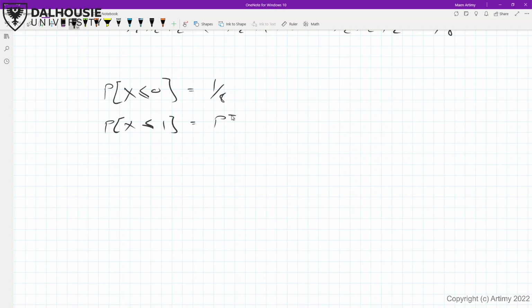So that's the probability of x equals 0 plus the probability of x equals 1. Since these are mutually exclusive events, I can add them up without subtracting the intersection. It can be either 1 or 0; it cannot be 2 at the same time, right? So this is 1 over 8 plus 3 over 8, which gives us 4 over 8.